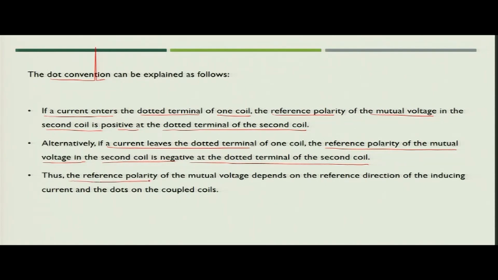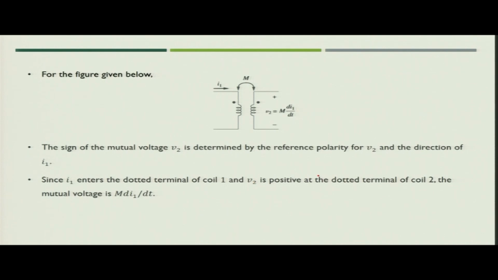Thus, the reference polarity of the mutual voltage depends upon the reference direction of the inducing current and the dots on the coupled coils. So, these two things are important to find out the reference polarity of the mutual voltage. Let us understand this phenomenon with the help of a couple of examples.